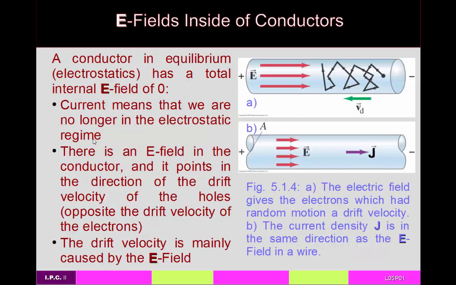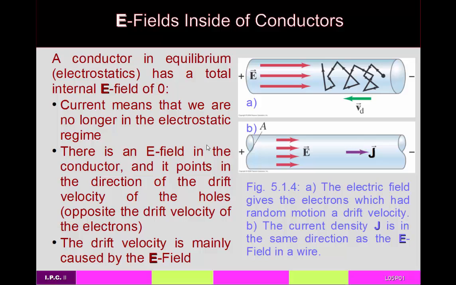So to reiterate a point that I made earlier, if you have a conductor which is in equilibrium, you have a total internal field of 0. So there's no internal electric field for a conductor at equilibrium. However, if you do apply a current to the conductor, for example, if you hook it up to a battery so that there's a voltage drop across the conductor, then you're no longer really in the electrostatic regime because all of your charges are now moving.